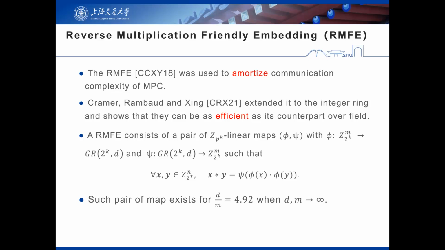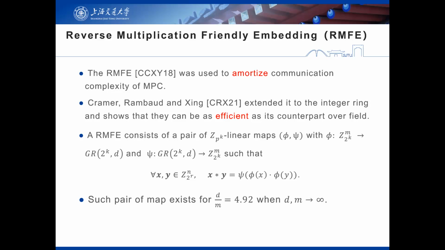A Galois ring is the counterpart of an extension field over a ring: we take Z_{2^k}[x] modulo an irreducible polynomial of degree d, and then we get a Galois ring. Then we have another map, psi, which does the inverse map.